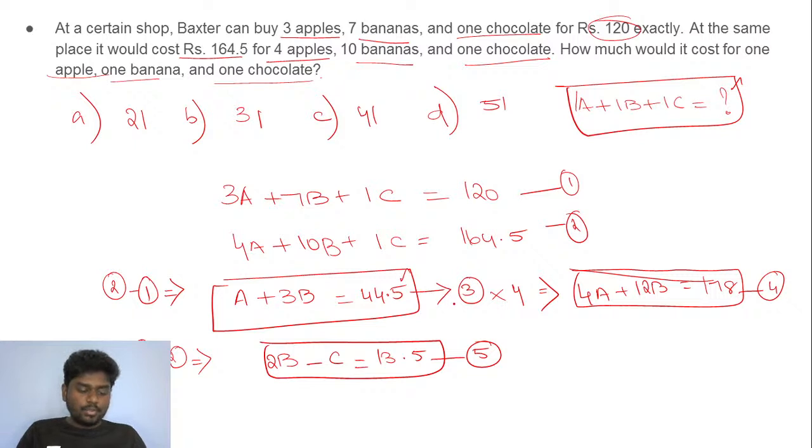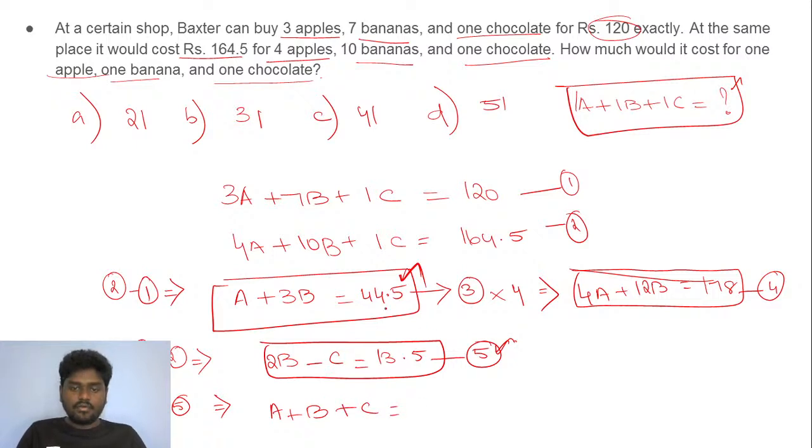Now if I subtract 3 minus 5, listen very carefully guys, this is equation 3 and this is equation 5, so it's going to be a, and 3b minus 2b is plus b, and this becomes minus into minus, plus.